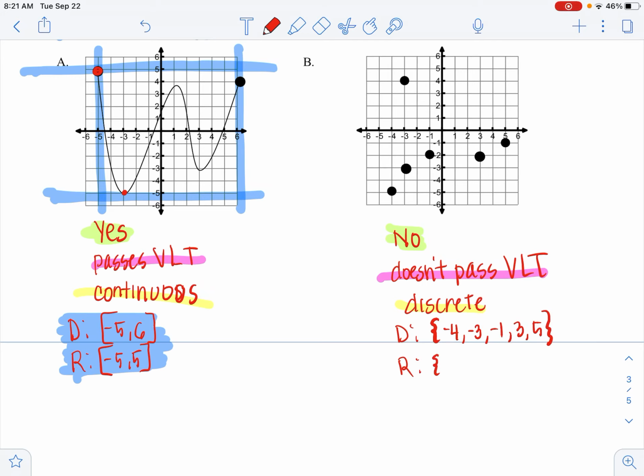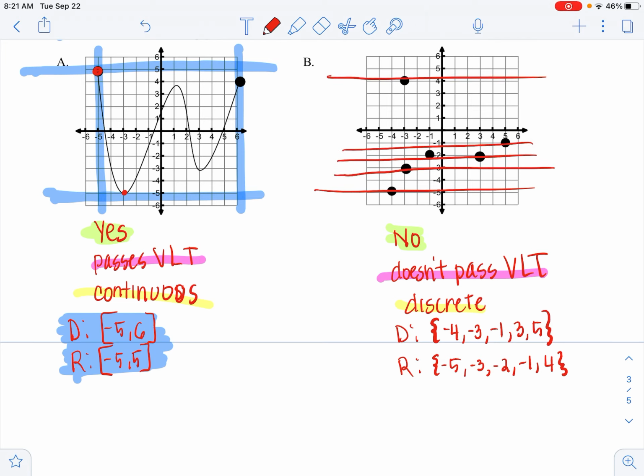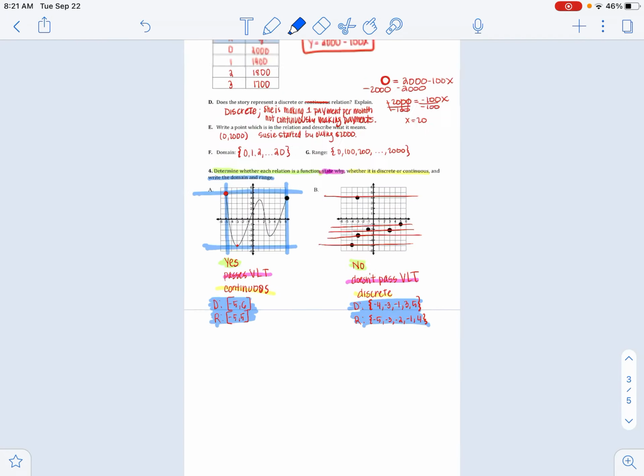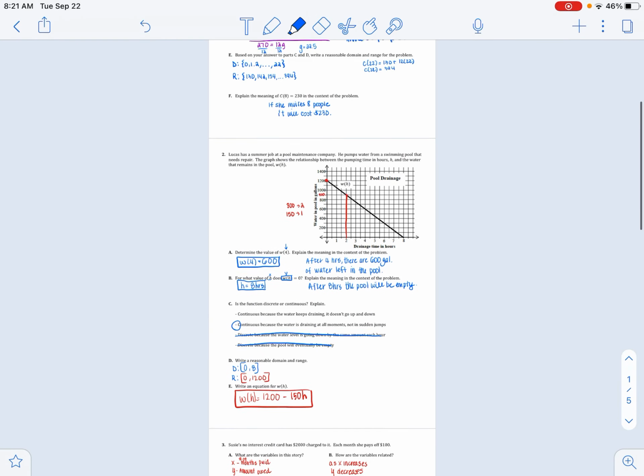All right, my range, my lowest y value, curly bracket, -5. Then I have -4. No, I don't. -5, -3, -2, -1, and 4. If you need to go through it to count them correctly, do it, right? It's your paper. Okay, so that's my domain and range, and that is it for the practice together. So you can go ahead and now get started.